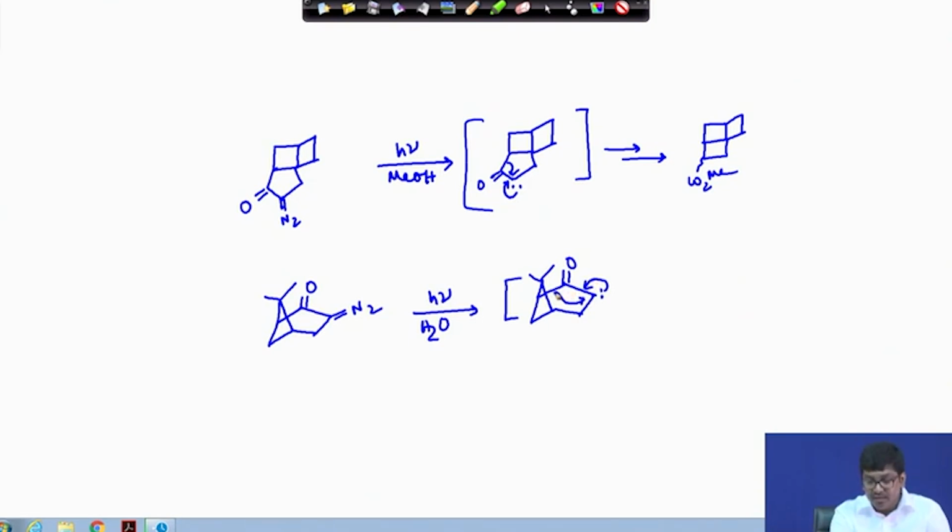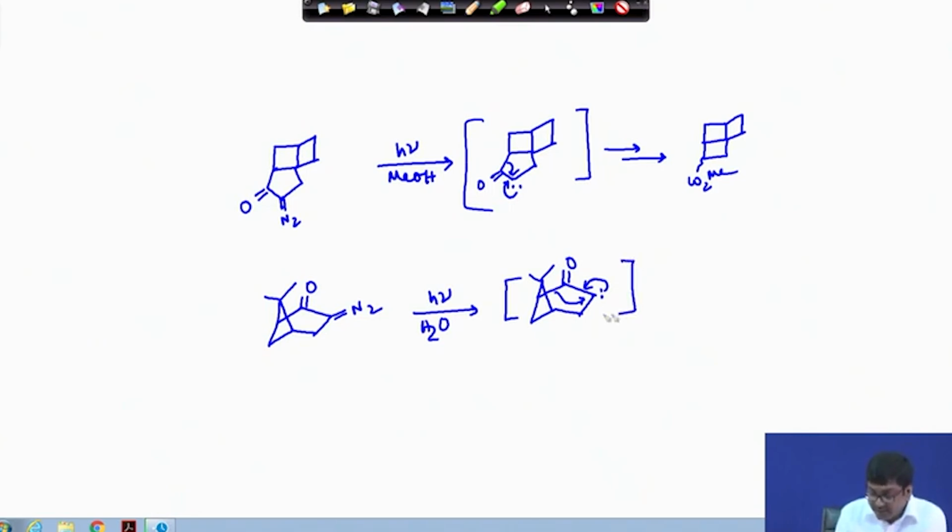Obviously, here this bond is associated with another two carbon-carbon bonds, so the possibility of its migration is lower, whereas the other bond is associated with one carbon as well as two hydrogens. So, this particular bond can migrate, and its migrating aptitude will be higher.